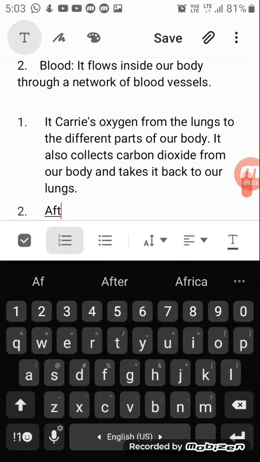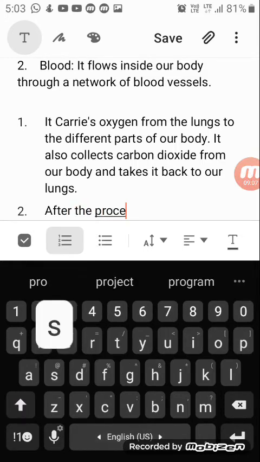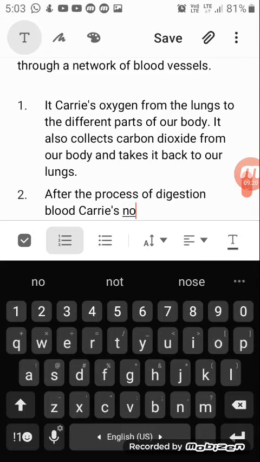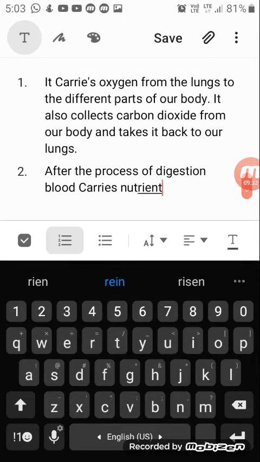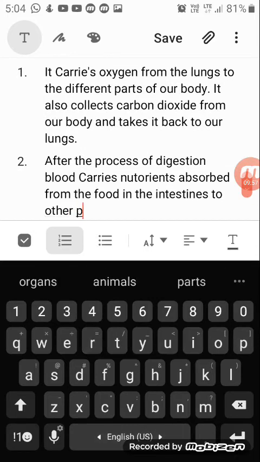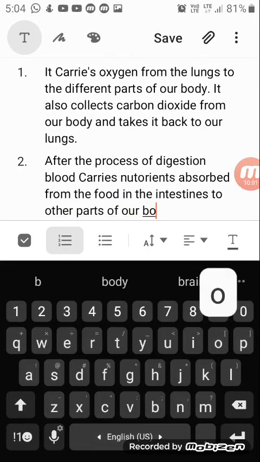Then, after the process of digestion, blood carries nutrients absorbed from the food in the intestines to other parts of our body.